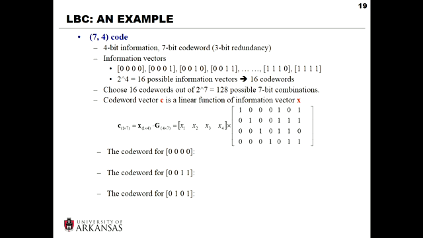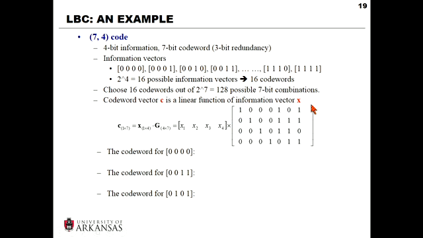For the practical linear block code, we multiply our information sequence by a matrix. Our information sequence has a length of k, and this matrix is called the generation matrix, which has a dimension of k by n.